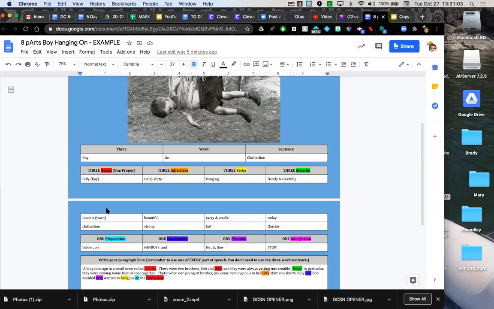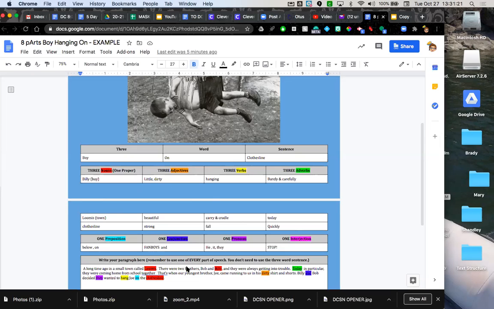In the paragraph, yes, not in every sentence. So every sentence does not have to have one of your nouns, one of your adjectives, one of your verbs, one of your adverbs. Each sentence does not have to have all of those. Okay, but you need to have all of the different things included.